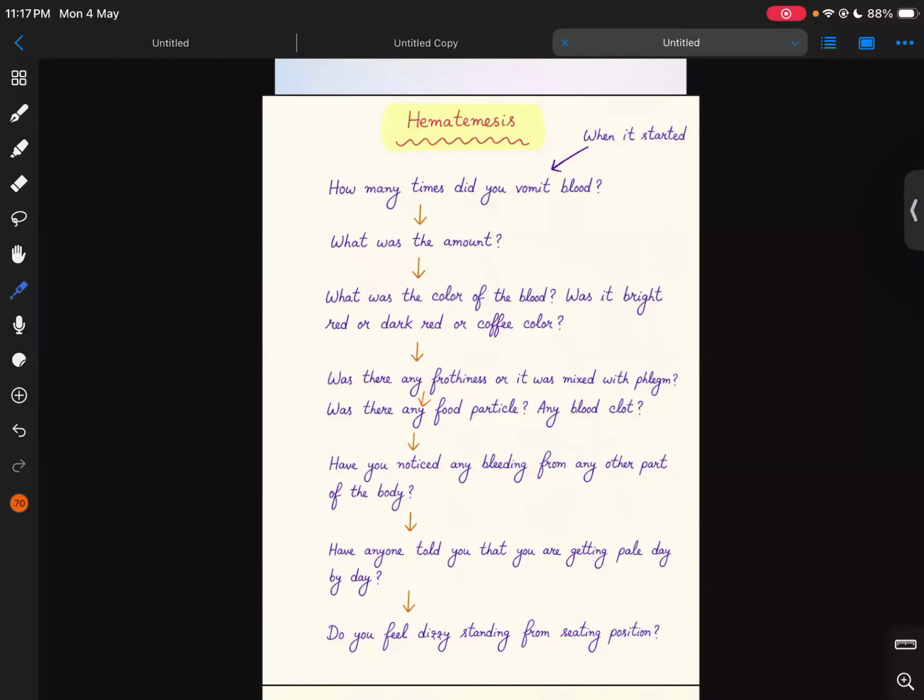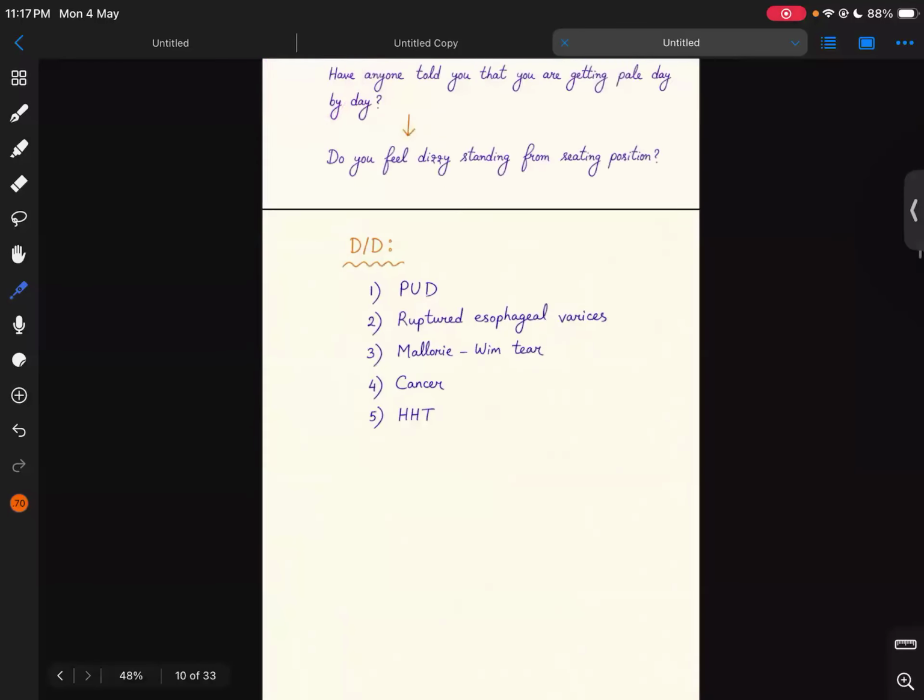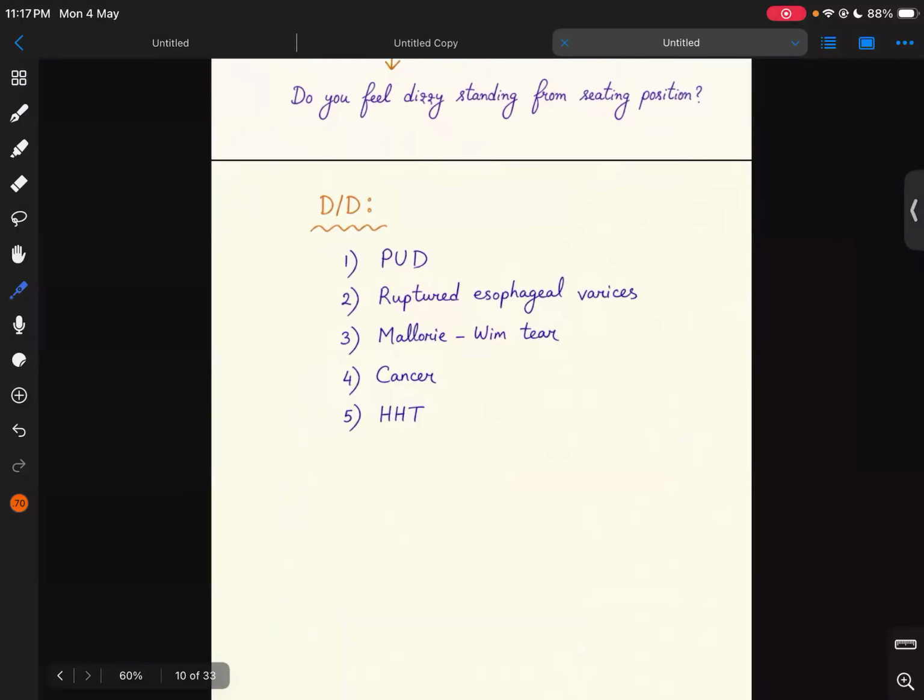Okay, let's proceed. After asking the initial questions, we have to jump into the screening questions of differential diagnosis. In the PACES exam, these 5 causes we have to keep in mind for any case of hematemesis. Apart from these, no other cause ever comes, and it is very unlikely to come.